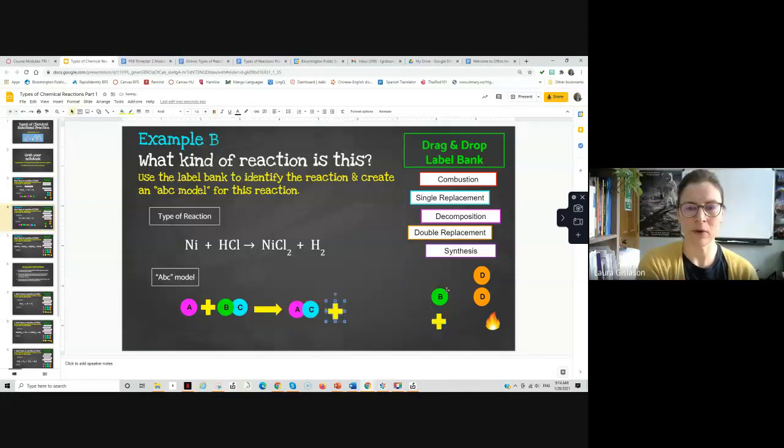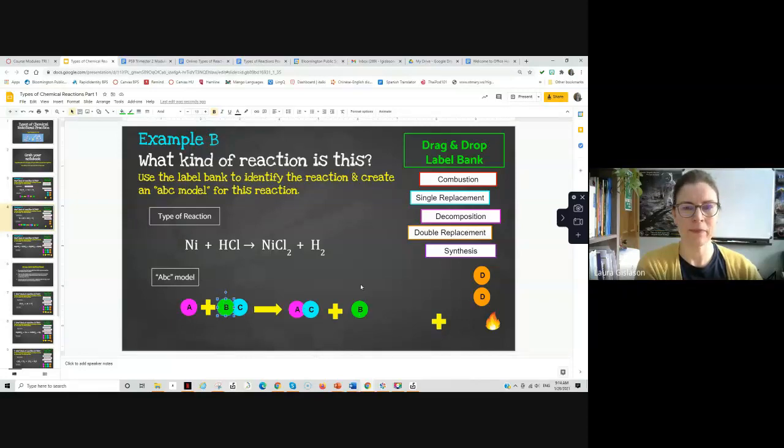And then I'm going to use my B for hydrogen. So the only thing that happened here is that A and B swap places. A and B switch places.